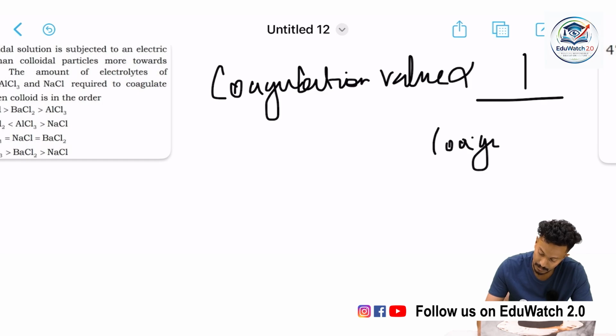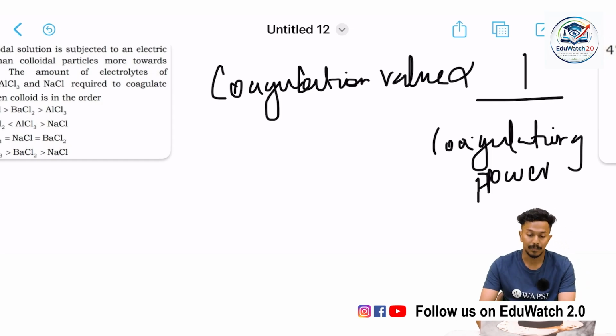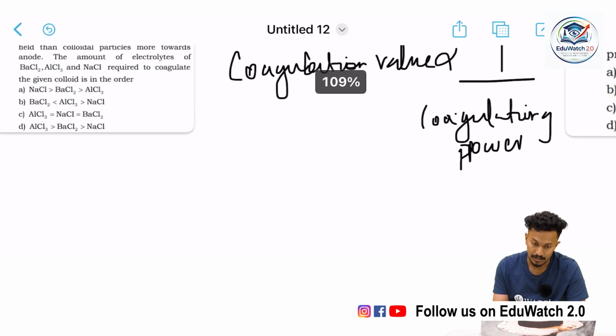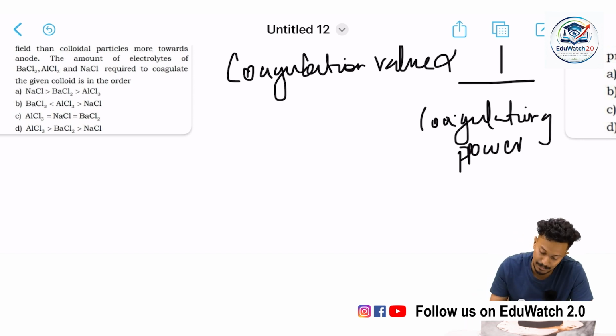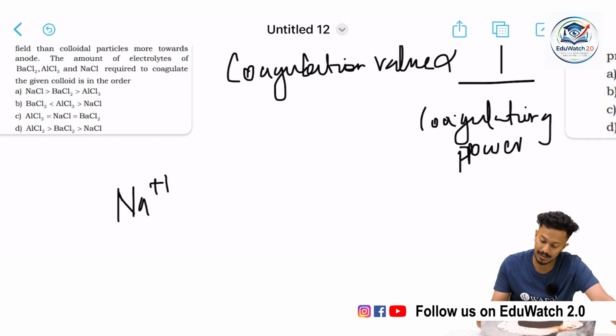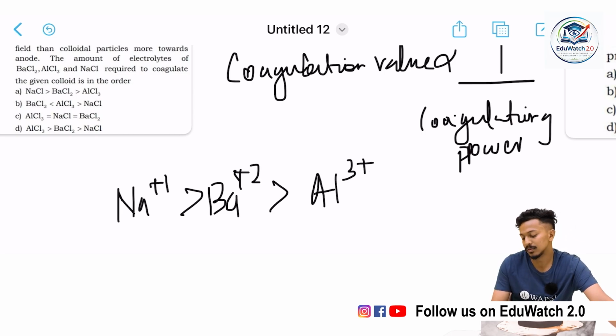You have to find out this power. Do you get that? Okay, as the particles are moving towards the anode, that is a negatively charged colloid, we have NaCl with a +1 charge, then Ba2+ and Al3+.